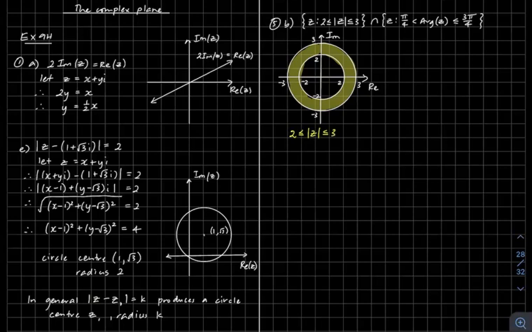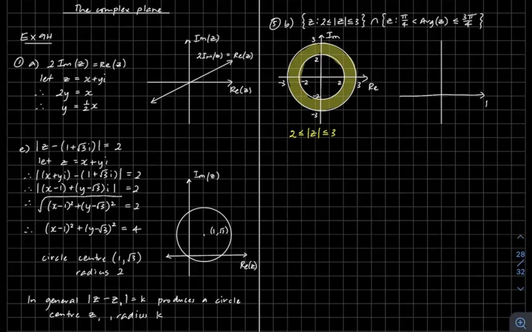Alright, what about our other one over here? So we want all complex numbers whose argument is greater than pi on 4, but less than or equal to 3 pi on 4. Alright, well, I don't think that one's too tricky, is it? Let's think about all complex numbers which satisfy those conditions.